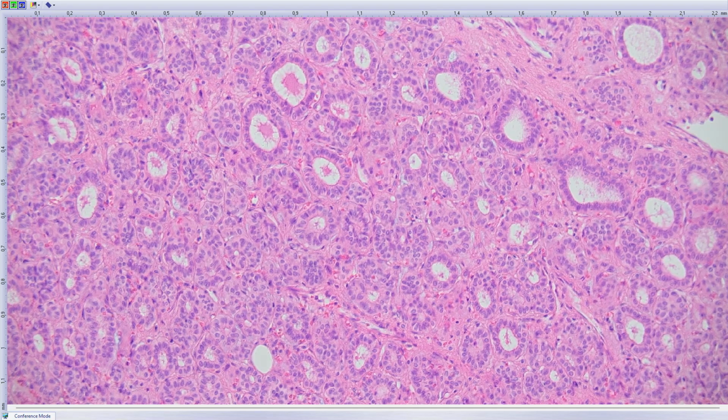But before telling you, I would like to attract your attention to the fact that it's composed of solid and tubular structures which are monophasic, monolayered. There is no myoepithelial layer. So the diagnosis is not intercalated duct, but striated duct adenoma.